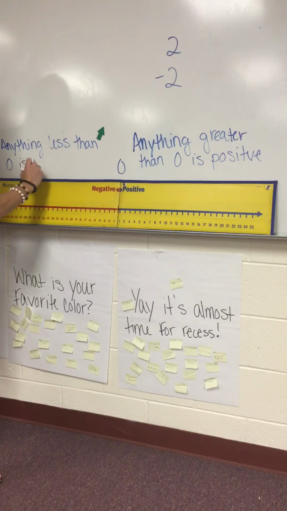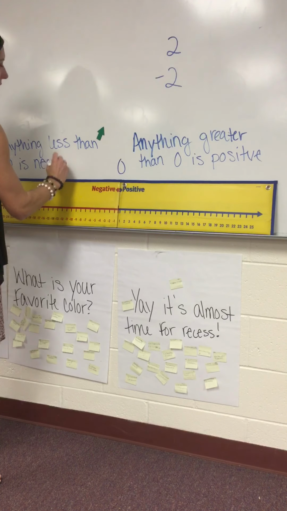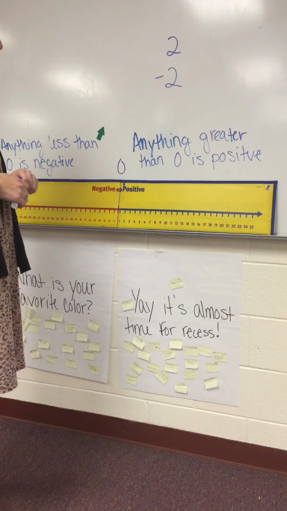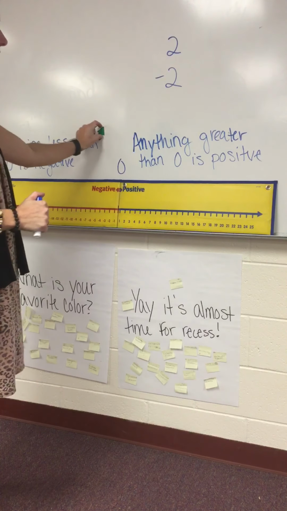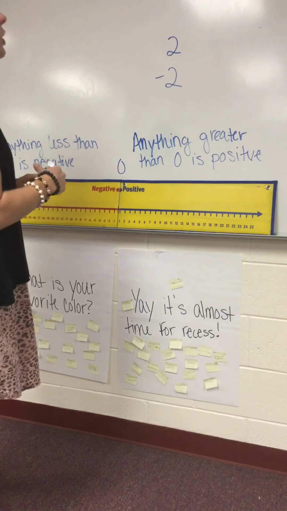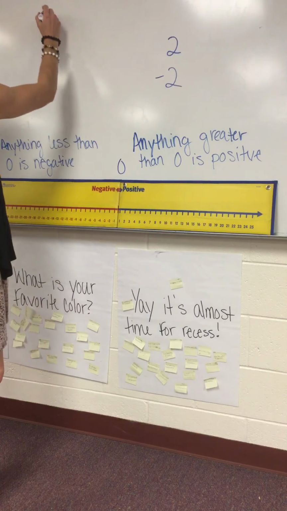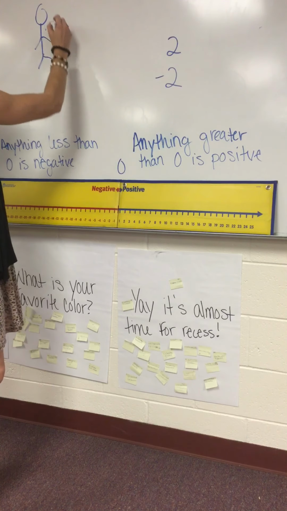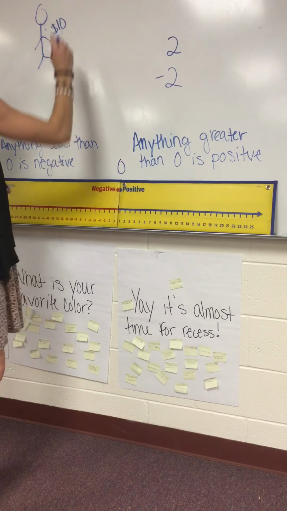0 is negative. And I just wanted to talk to you about why positive and negative numbers are important before I get busy using this graph. So I want you to think about this. What if you had, and I'm just going to draw, this would be you. You have $10. That's all the money you have.